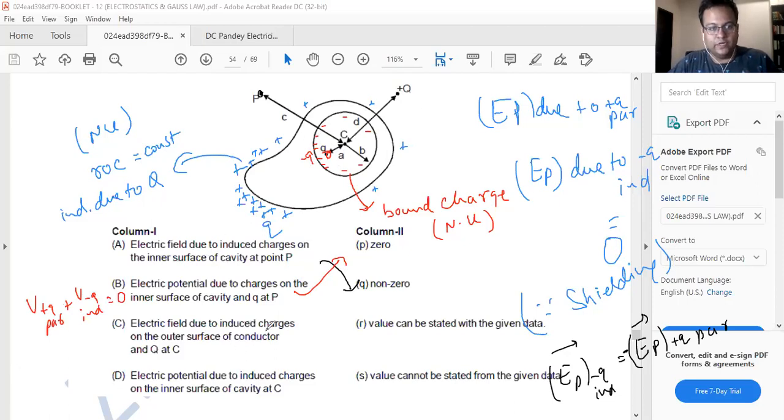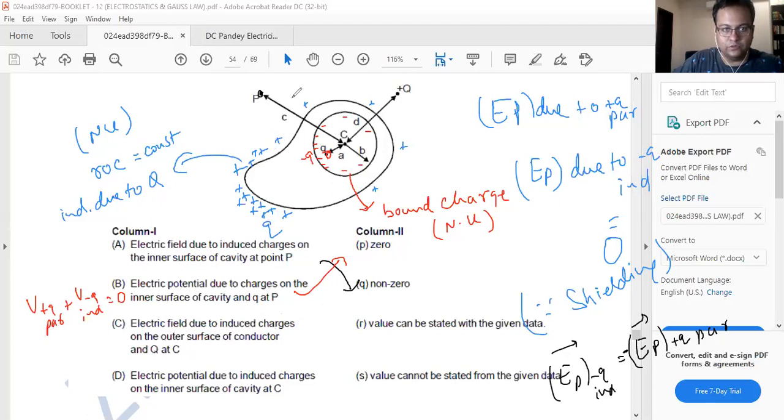Next, electric field due to the induced charge on the outer surface of the conductor and Q at C. Electric field due to the induced charges on the outer surface of the conductor. So at point P, what can I say about the electric field?